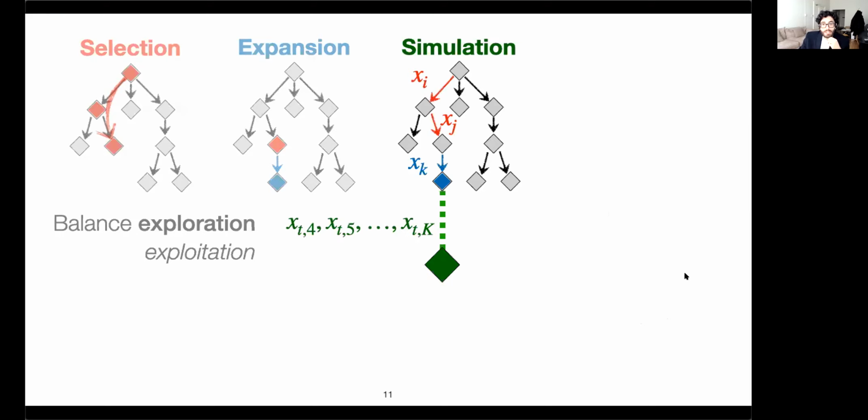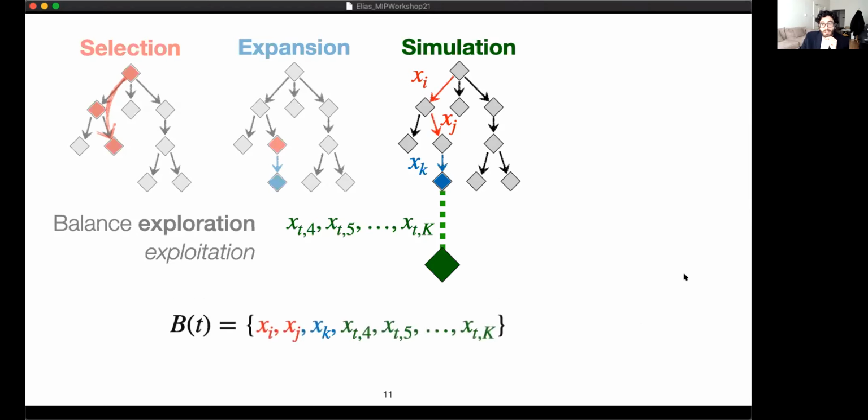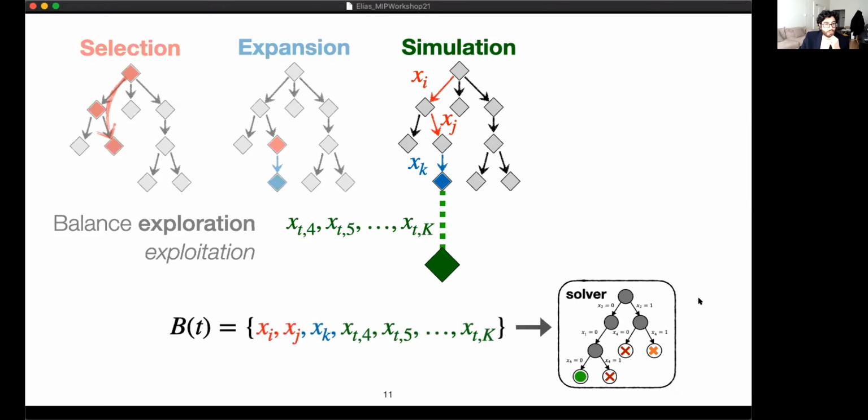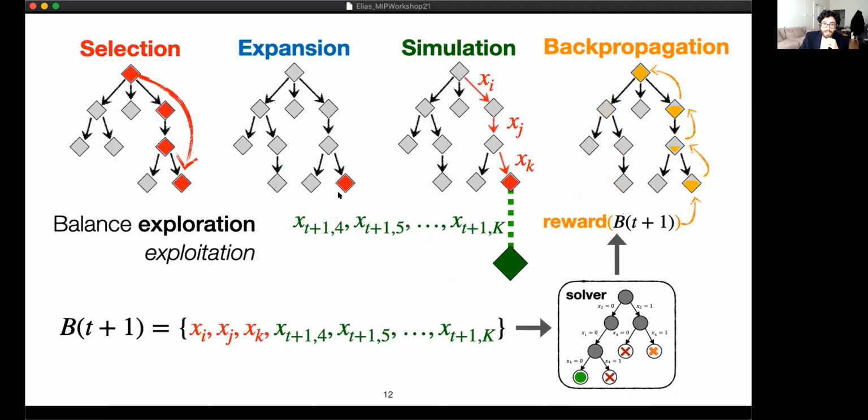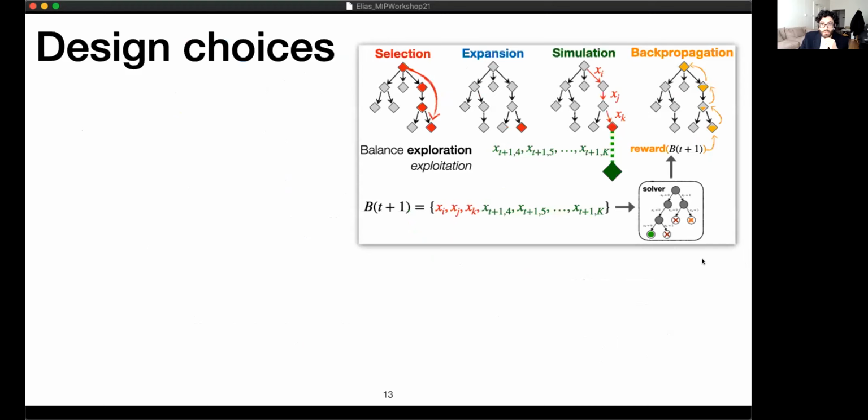Then you simulate by completing the set of variables until you get to a size k set, and now you run the solver. It tells you something about the tree weight with this reward function. And then you do some kind of backpropagation: you tell the parents of the node from which you simulated what you observed. Then you go to the next iteration, you repeat, you visit other nodes, and so on.